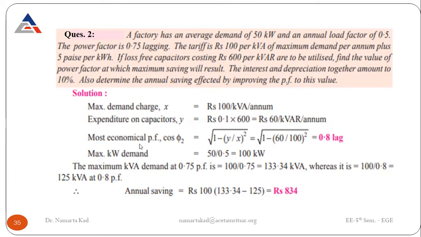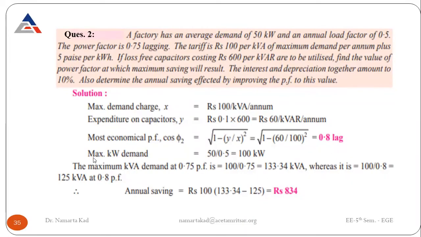Now directly applying the formula, that is cos phi 2 for most economical power factor, that is square root of 1 minus (y by x) square, put down the values and you get the improved power factor as 0.8 lagging as per the given data.